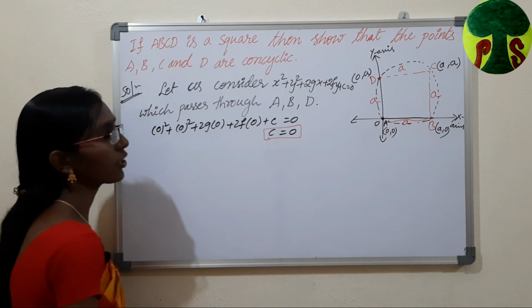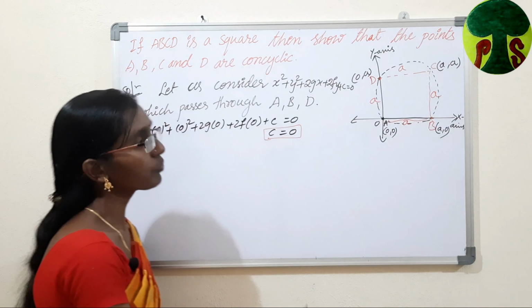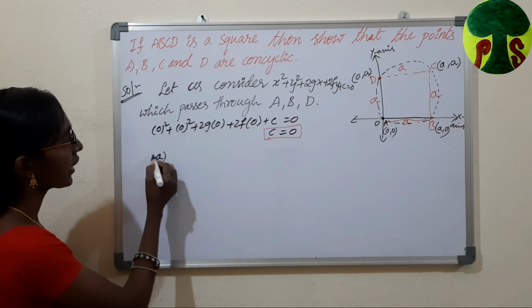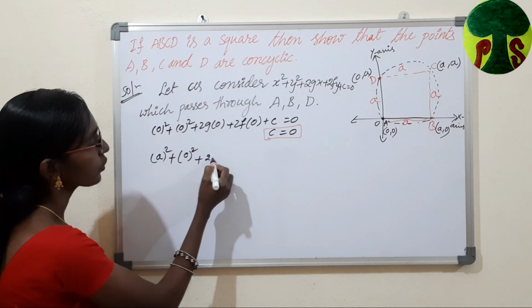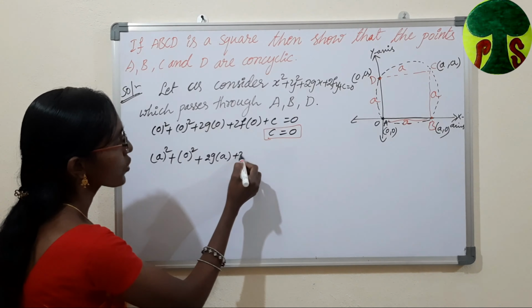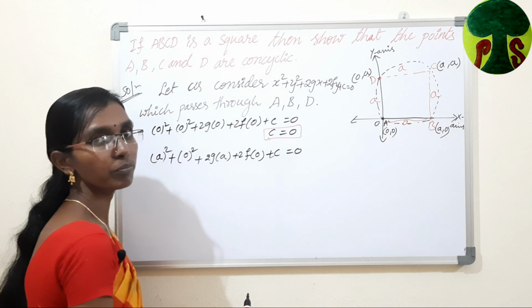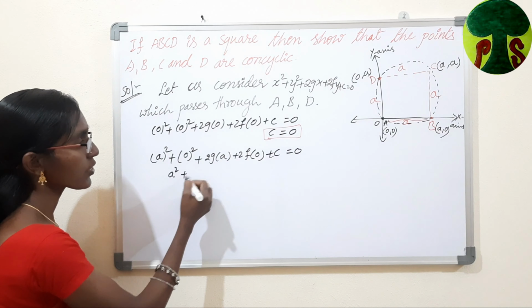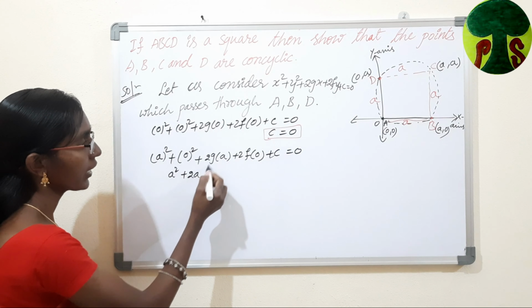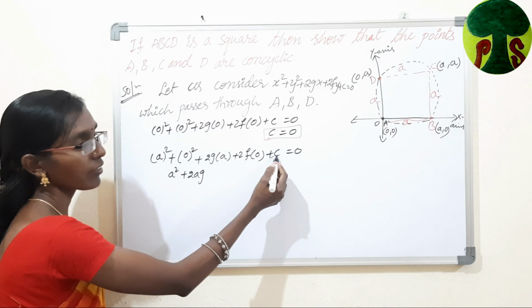Now we have to substitute point B in the circle. Point B is a, 0. So x value is a, y is 0: a square plus 0 square plus 2g into a plus 2f into 0 plus c equals 0. Now the 0 terms vanish, 2 into a is 2a into g, and c value is 0.